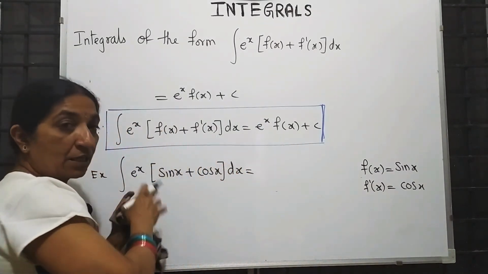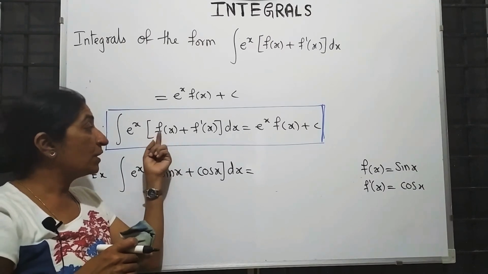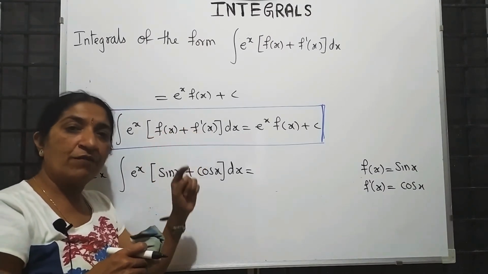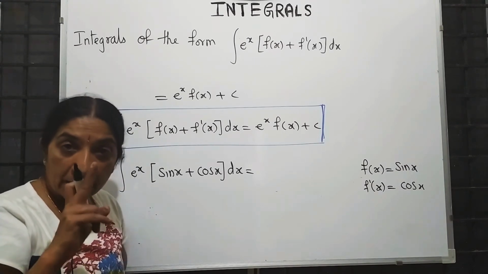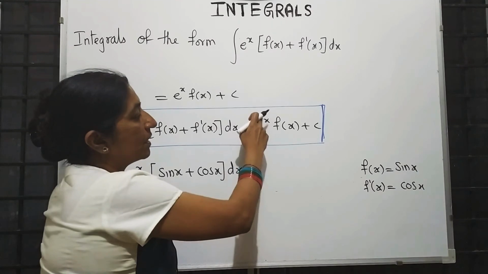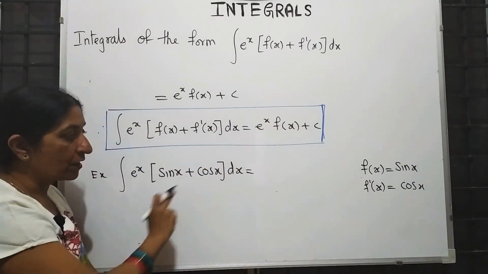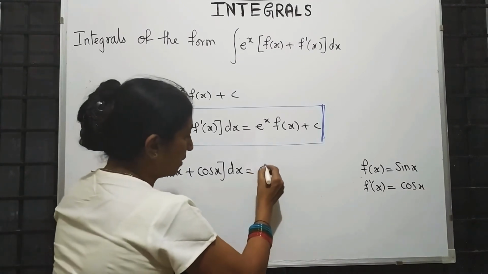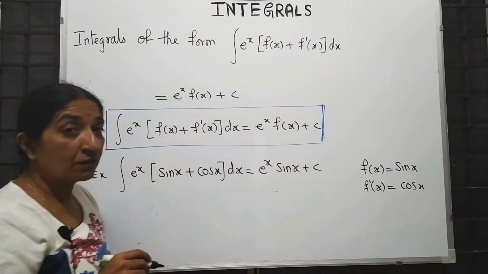That means outside we have e raised to x. The derivative of one function gives another value, then the answer is e raised to x into f of x. In this problem, what is f of x? f of x is sin x. So, your answer is e raised to x into sin x plus c. See, is it very simple or what?